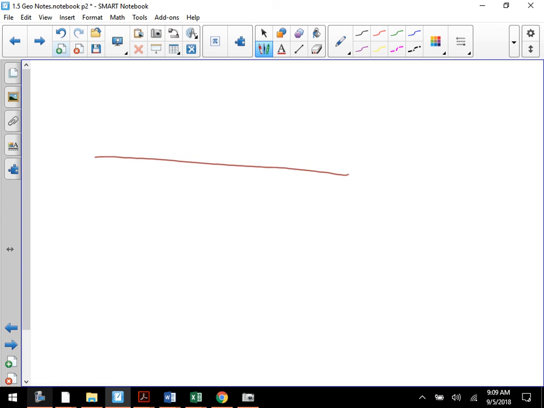So if I say that this is F, and it's got to end at W, T somewhere here, and A is in between them. They say they're all collinear. It says A is between T and W. So A has to be somewhere between T and W.